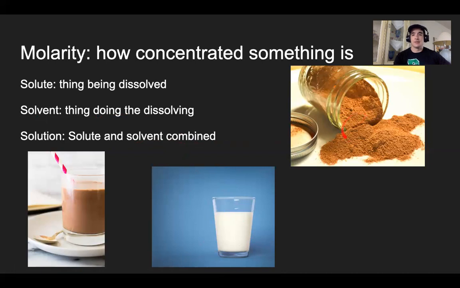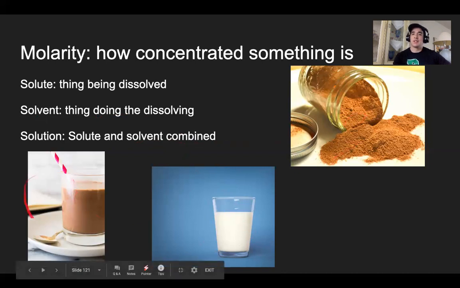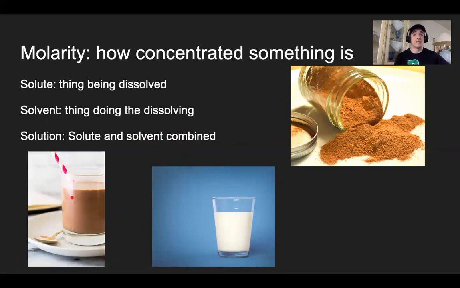So if we combine the chocolate powder with the milk, it's going to give us chocolate milk, which is the solution. If it has a high concentration or high molarity, there's going to be a lot of chocolate powder that we dissolved in here. If it's a low concentration or low molarity, then it's going to be not so much chocolate powder in there.